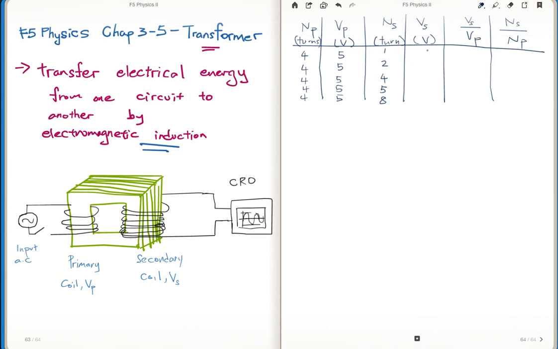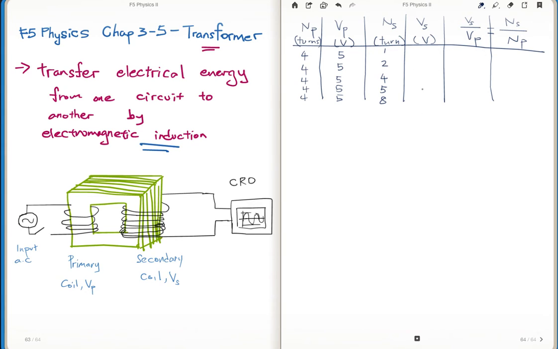Then what you measure, the value should be less, and the ratio should be the same.